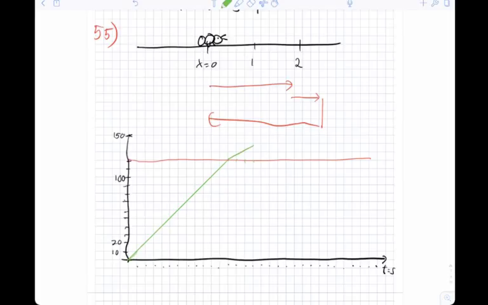It's about like that. All right. Stops for 4 seconds. That's easy. 1, 2, 3, 4. And then it walks backwards to its starting position at 8 millimeters per second.